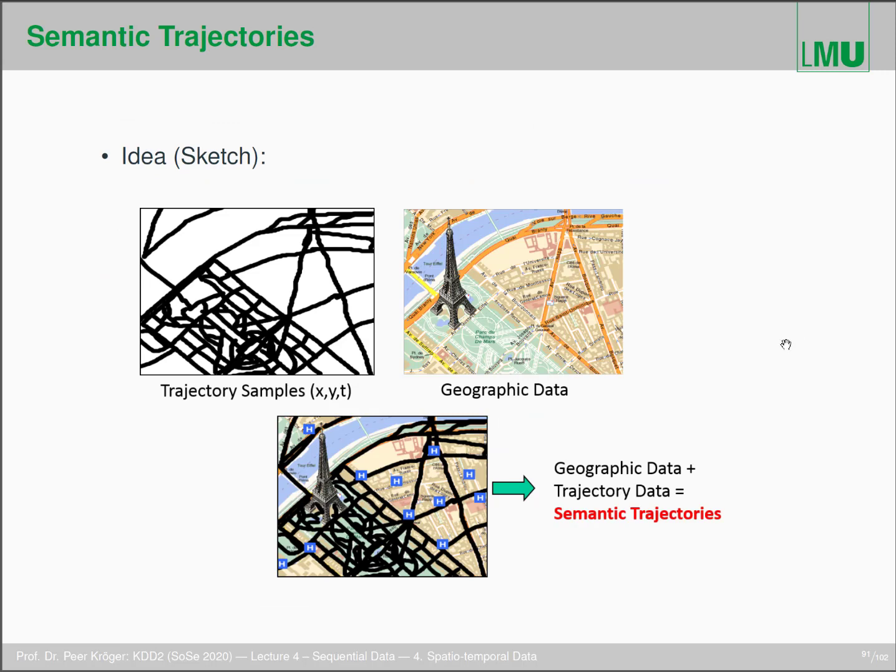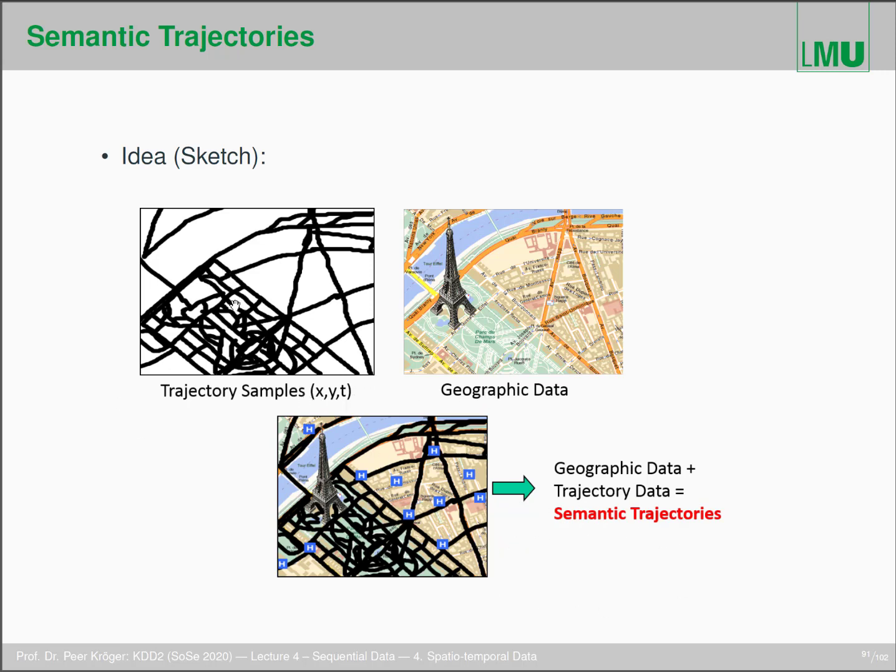So semantic trajectories are typically just spatial trajectories enriched with semantics. So you have trajectory samples, you have geographic data, you have semantics data, conceptual data, which is application specific, and if you combine both, you end up with semantic trajectories.